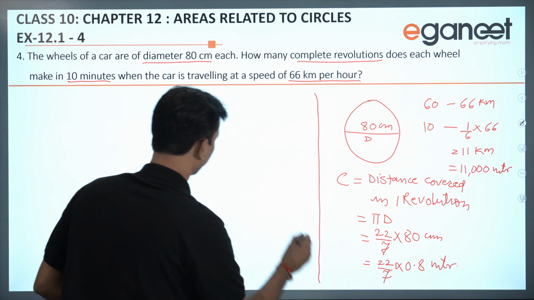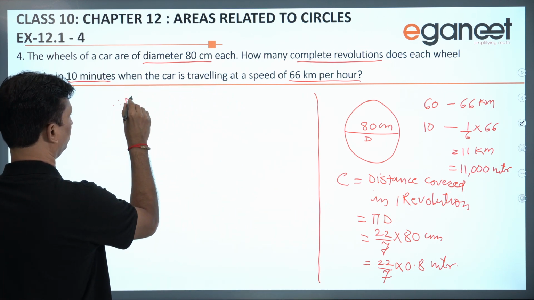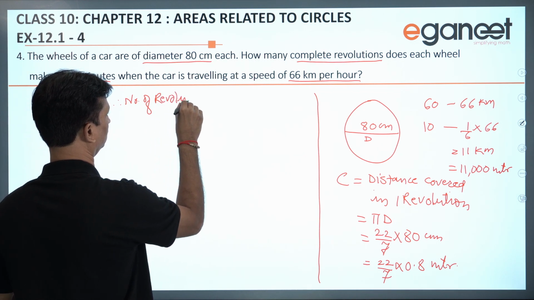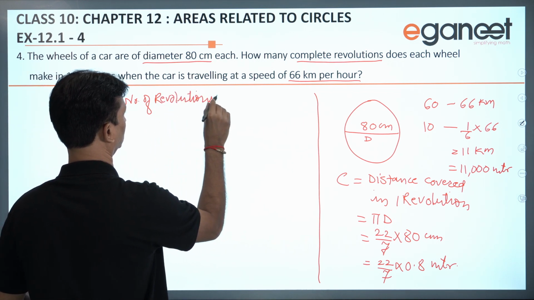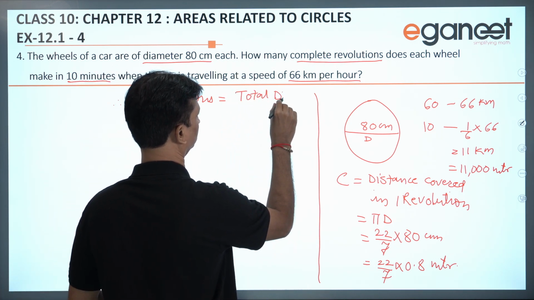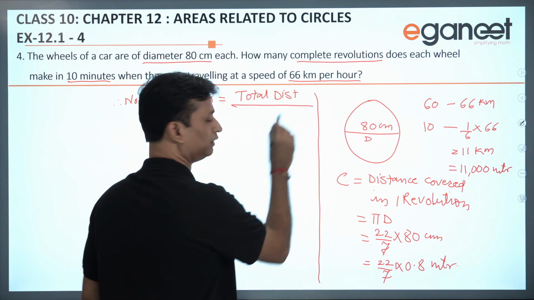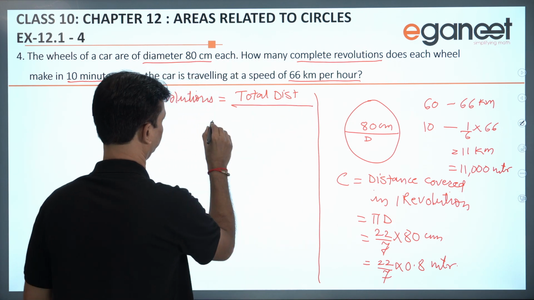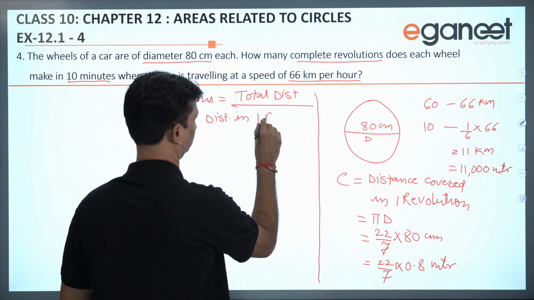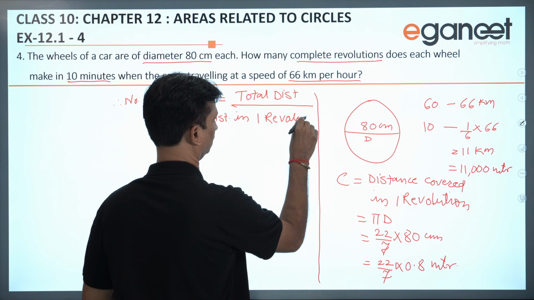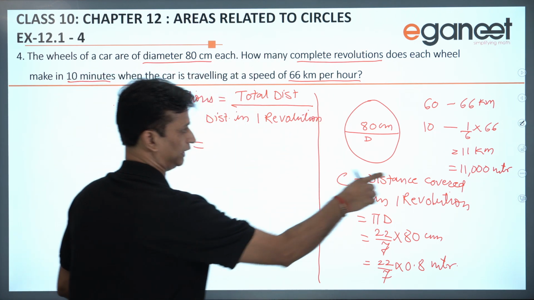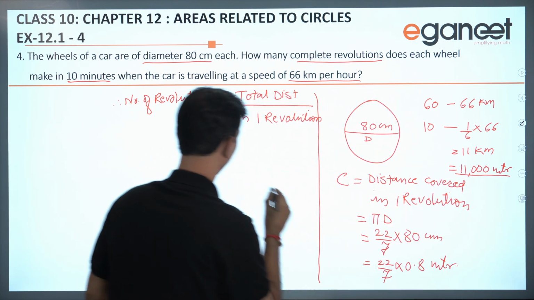Therefore, we can say number of revolutions equal to total distance upon the distance covered in one revolution. Okay, now what is the total distance covered? That will be 11,000 meter.